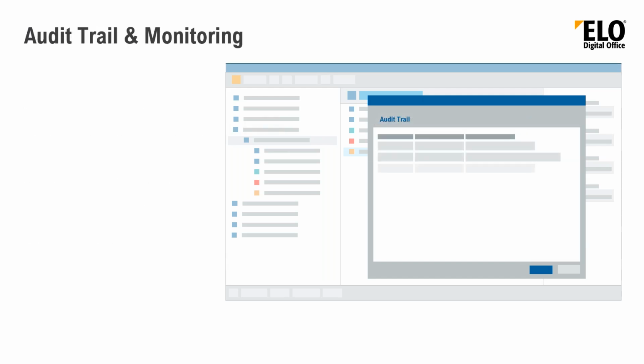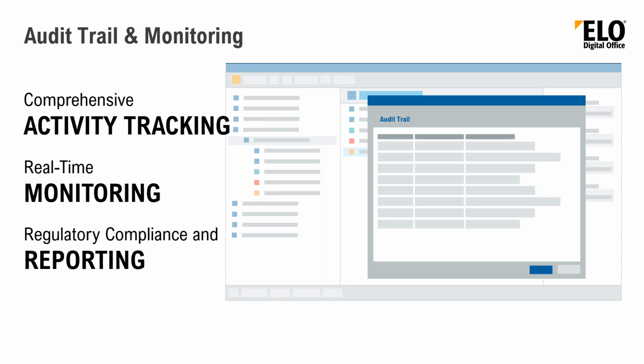And then we have the audit trail and the monitoring. The audit trail shows you everything: what has happened to the folder, to the document, who has changed something, who has opened the document for reading, and so on. So it's comprehensive activity tracking, and it's real-time monitoring because it's written in the audit trail the second it happens.